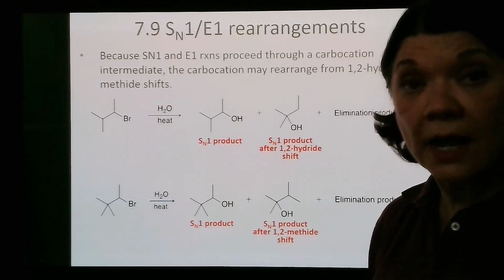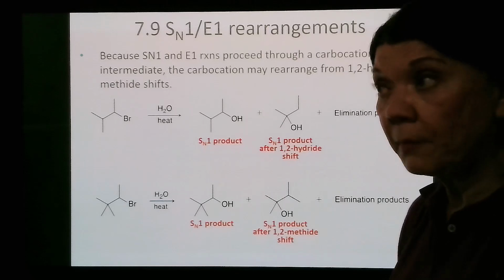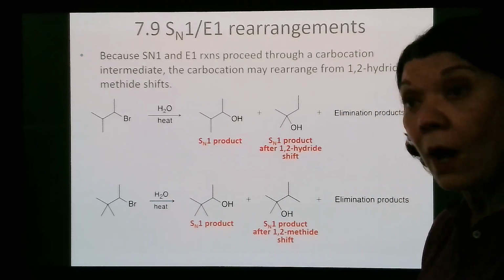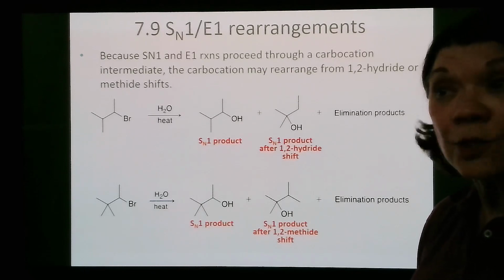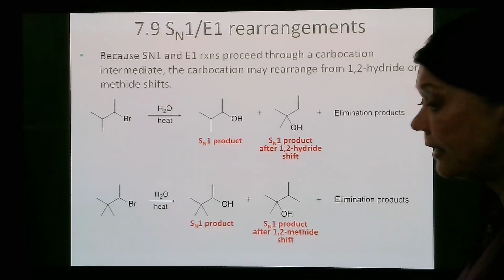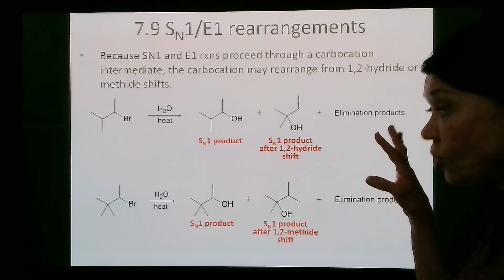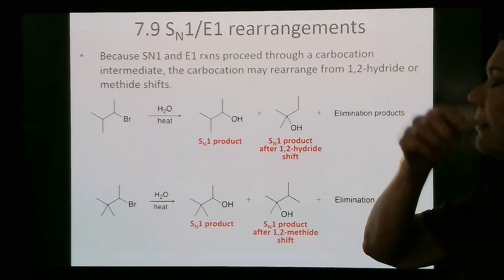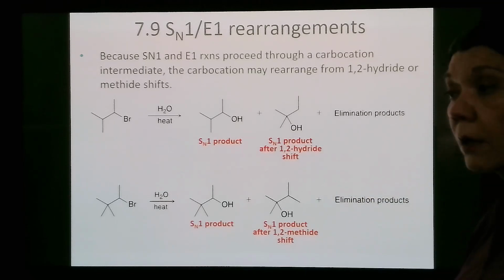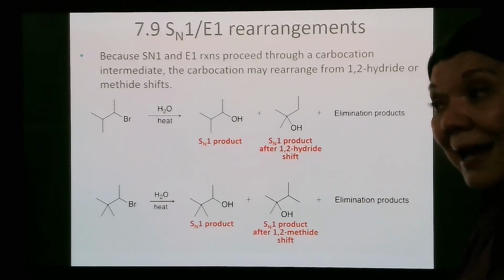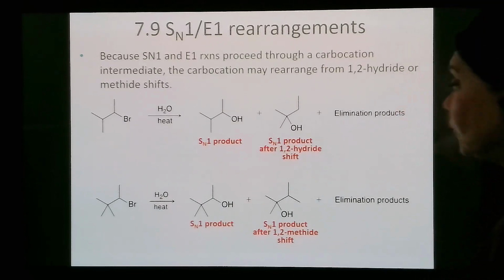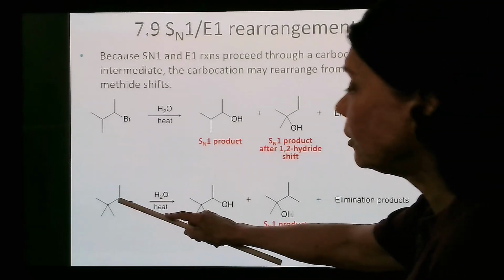And sometimes you can just get one mechanism operating, but even whenever you have just one mechanism operating, you may get two products from that one mechanism. So that's one of the problems here, and that's one of the reasons why this is studied so much, so that synthetic chemists can try to control the products that they get to maximize the percent yield of the desired product.